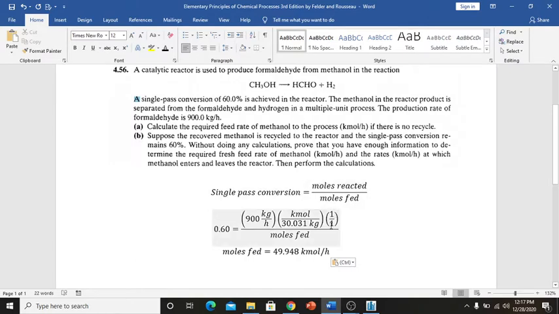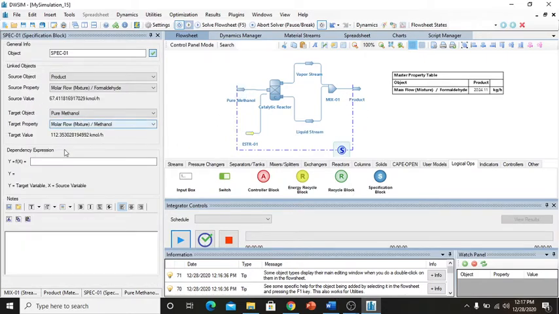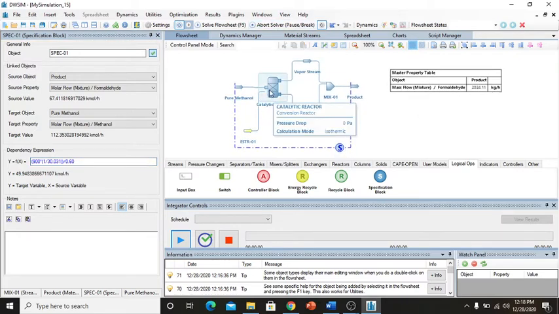Then we are given the moles fed, which is 49.948 kilomoles per hour. We will be using this equation for our dependency expression. So the specification block here is 900 times 1/30.031 divided by 0.6. Now let's try solving the flowsheet.